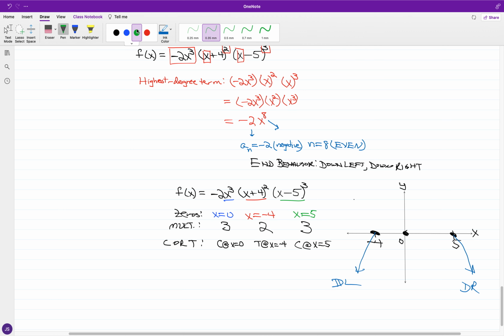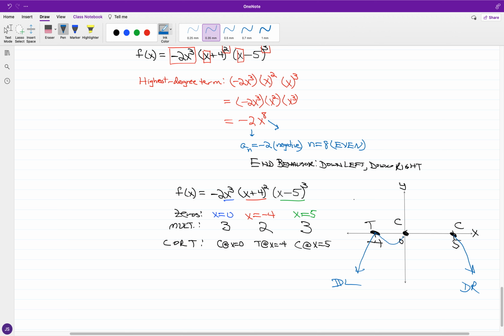Okay, and for the activity in between, okay, so at x equal to -4, the graph is going to touch. At x equal to 0 and x equal to 5, it's going to cross. So for the dynamic that will be played out, reading from left to right, you have -4, it touches.